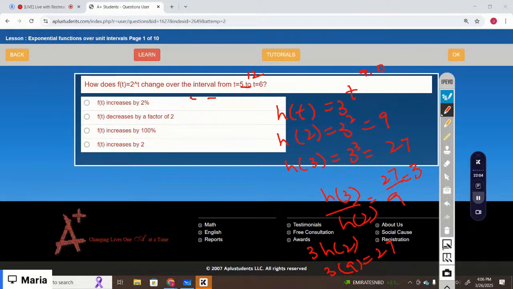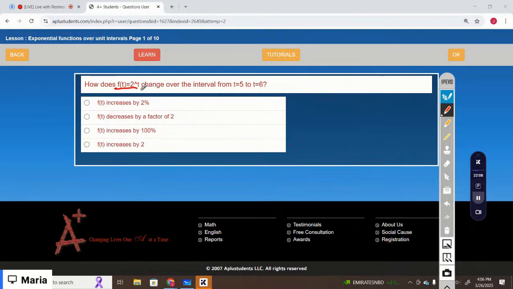Okay, so the function is f of t equals 2 exponent t. You need to evaluate it from t equals 5. So f of 5, 2 exponent 5, that is 32, I think. You need to multiply 2 times 2 times 2 times 2 times 2. Yes, that is 32.